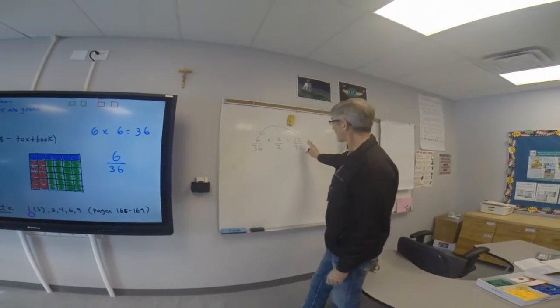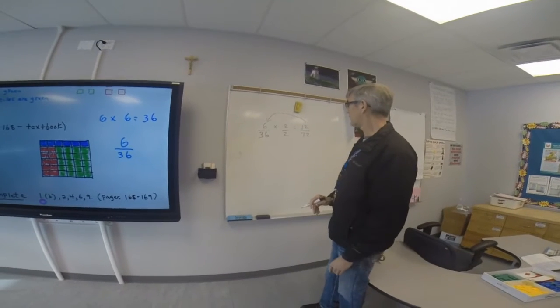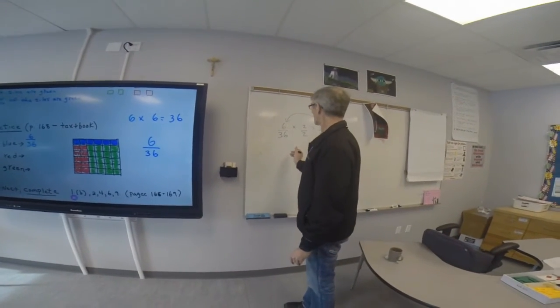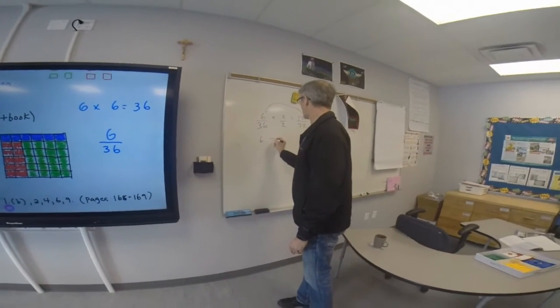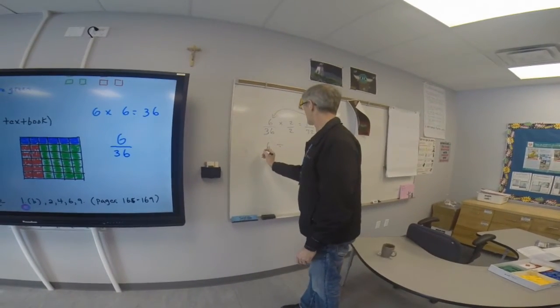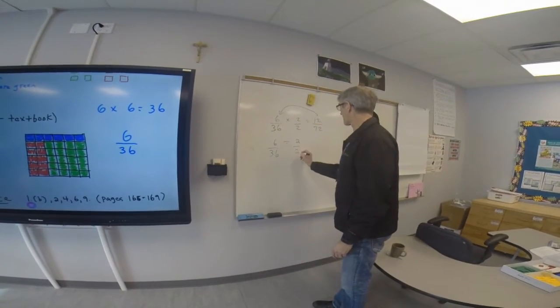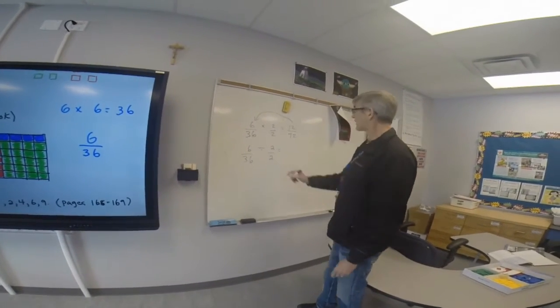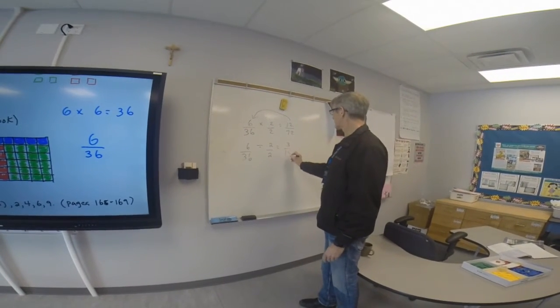Now we don't like to work with too big numbers in fractions either, so we always want to keep them as small as possible. So a better solution here would be to divide. Okay? So we could divide by 2. And we would come up, okay, 6 divided by 2 equals 3, 36 divided by 2 is 18.